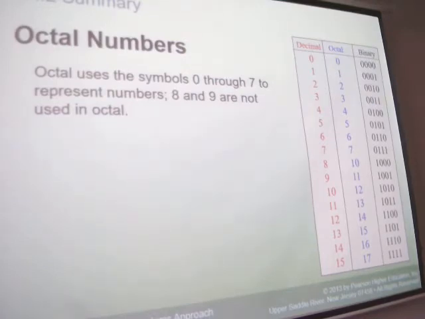The weight of this position is 8 to the 1. This position is 8 squared. This position is 8 cubed. And then 8 to the minus 1, 8 to the minus 2, 8 to the minus 3, 8 to the minus 4.